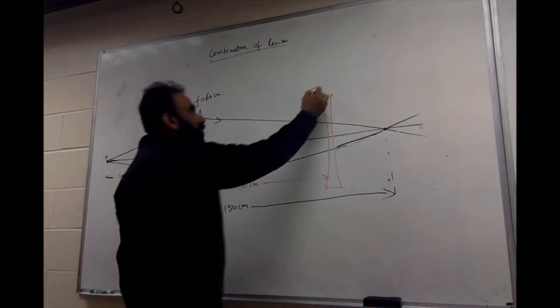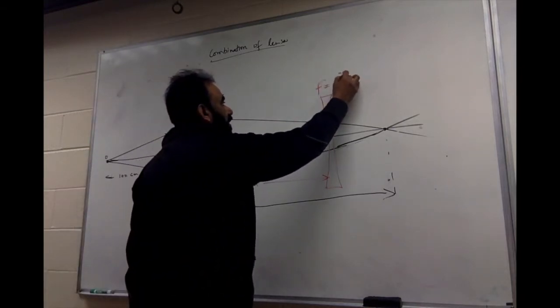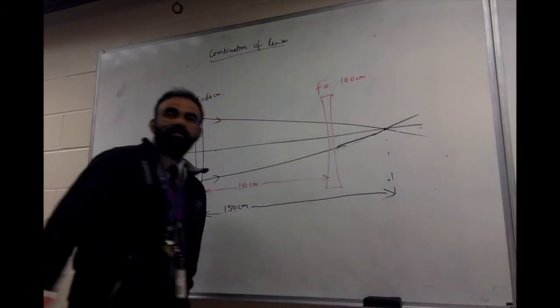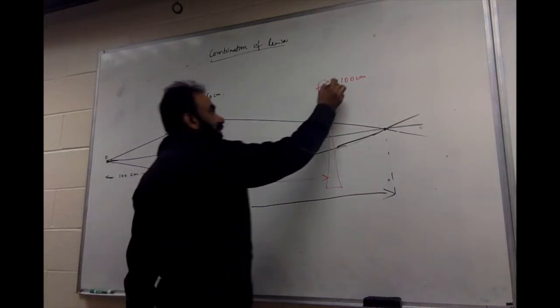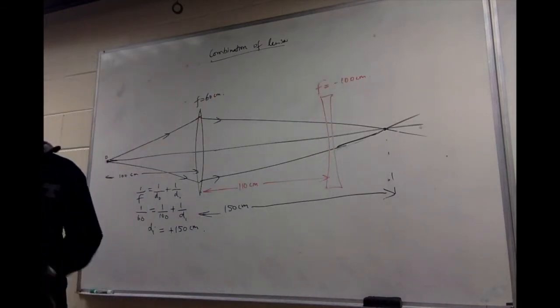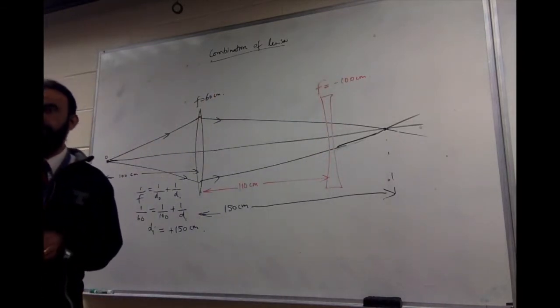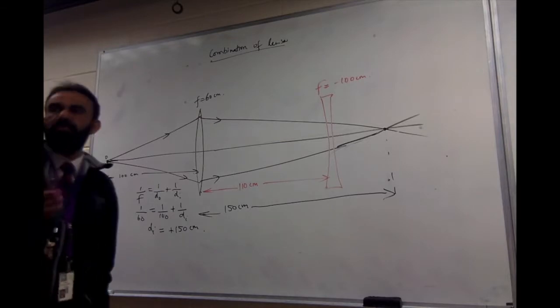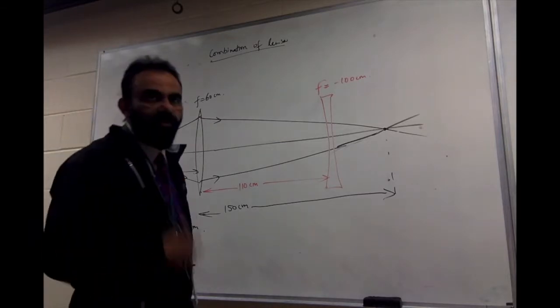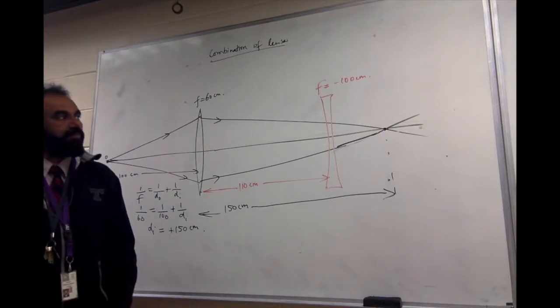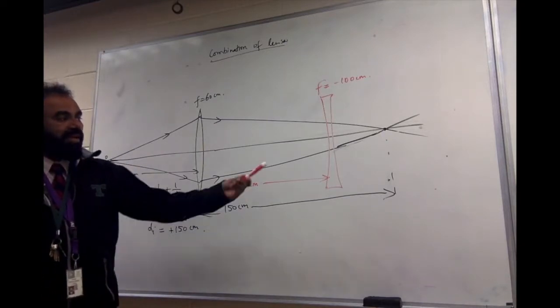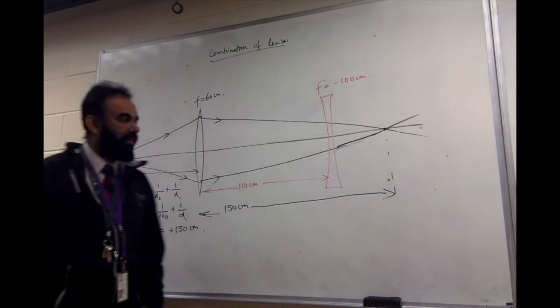And let's say the focal length of this lens is 100 centimeters. Now, is it positive or negative? Negative, because it's a concave lens. Remember that, nobody's going to tell you it is negative or positive. They'll tell you concave lens of this focal length, convex lens of this focal length. So that's a diverging lens, and this is the focal length of the diverging lens.